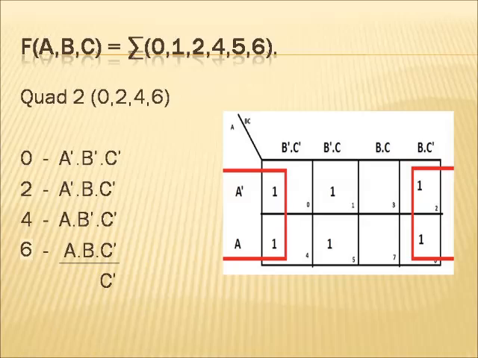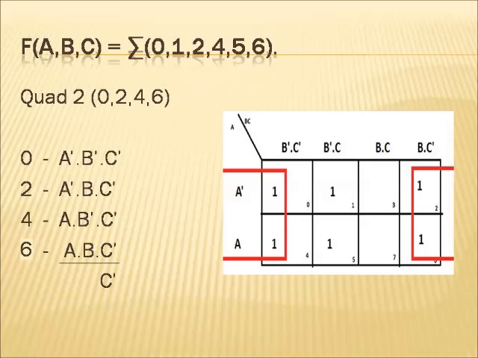So let's have a look. For 0, it is a bar, b bar, c bar. For 2, it is a bar, b, c bar. For 4, it is a, b bar, c bar. And for 6, it is a, b, c bar.